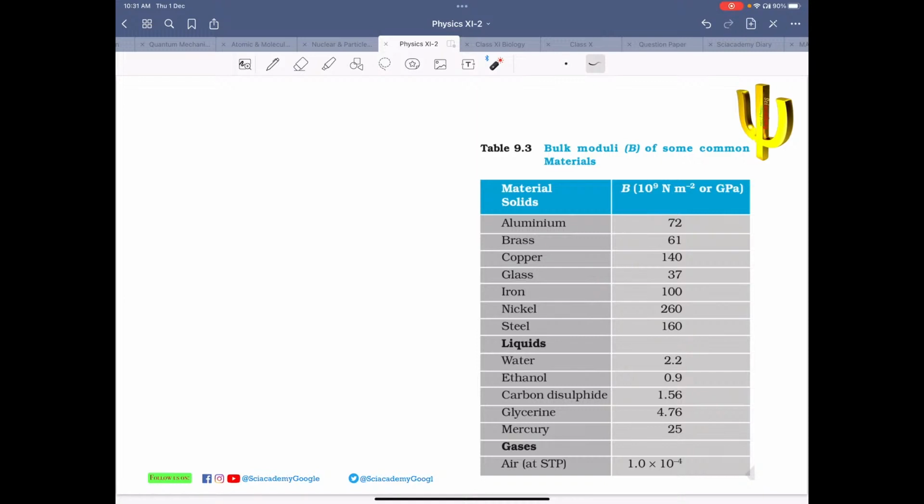They are strongly bonded together, and therefore to deform them it requires large pressure or large external force per unit area.